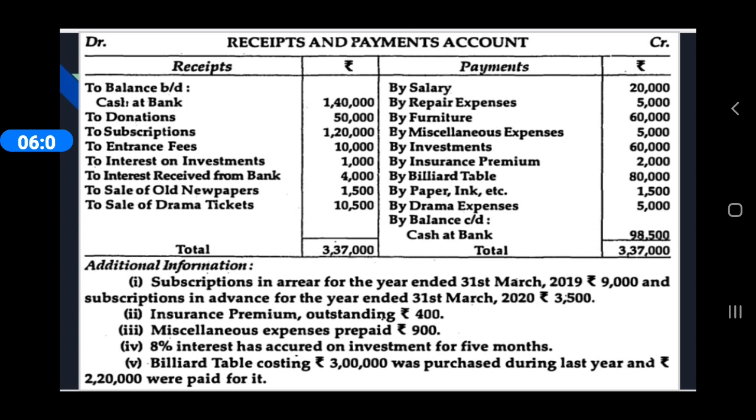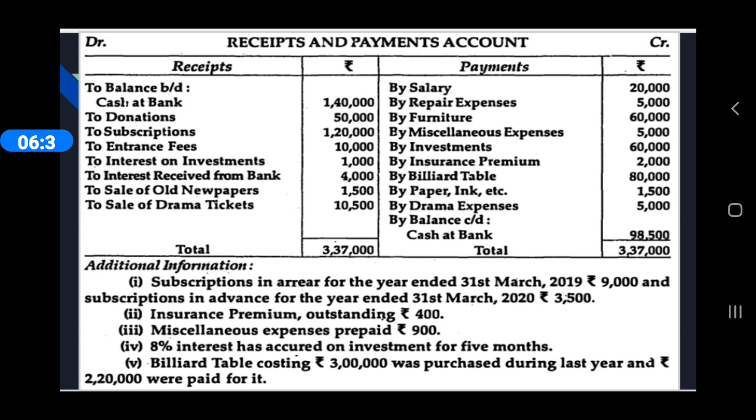So on the receipt side, all the cash inflows, such as donation, subscription, entrance fees, interest on investments, interest received from bank, sale of old furniture, sale of old tickets. Those are called receipts. That means the organization has received money from outside to the club or association.